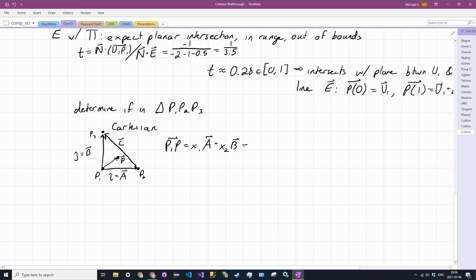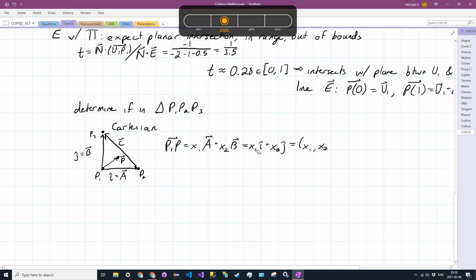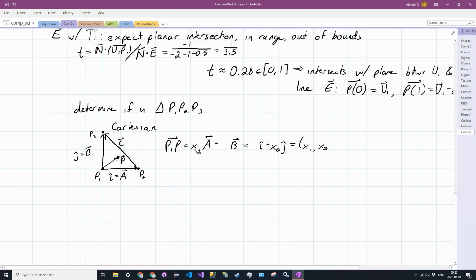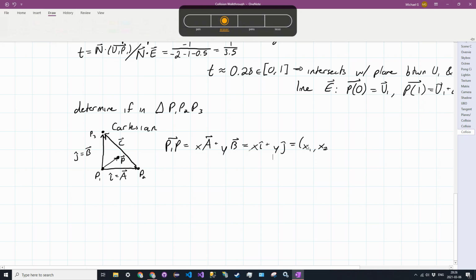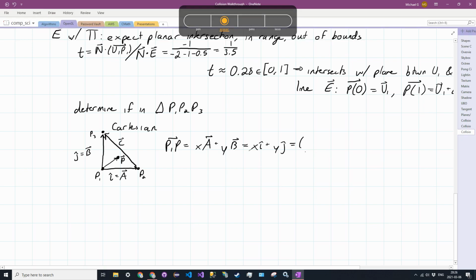This is just equal to x1 times i hat, plus x2 times j hat, which would give us the coordinates x1 and x2. If we wanted to call this x and y, this would make a little more sense here. So x, y, and that would give us the coordinates xy in the xy plane, which is exactly what we know.